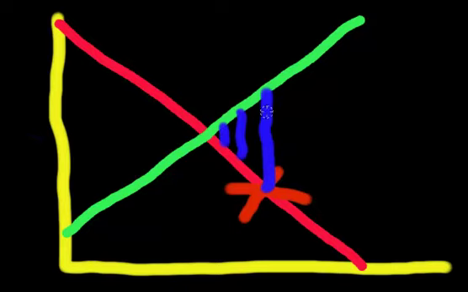So this whole triangular area is the deadweight loss when you have consumption that is too high. One way that it can occur is if you have a negative externality in production, like pollution. This is going to be the shape of the deadweight loss because consumption of the good will be too high. All right?